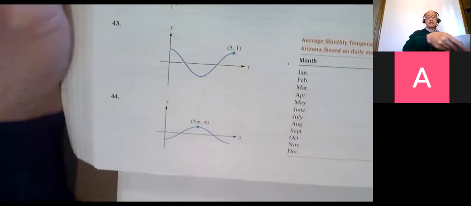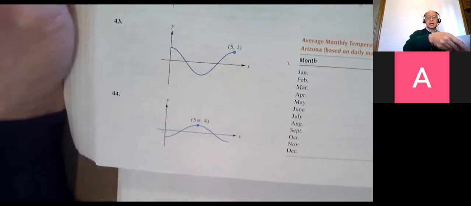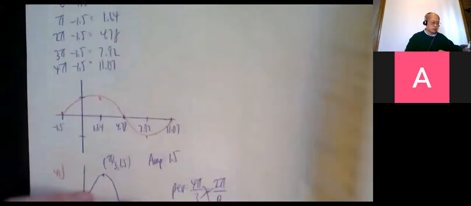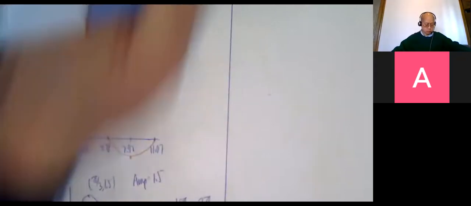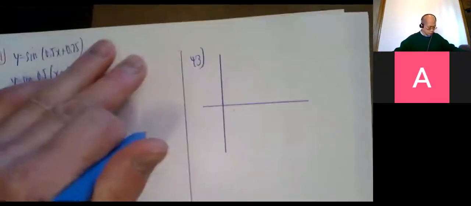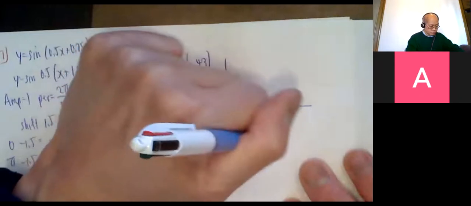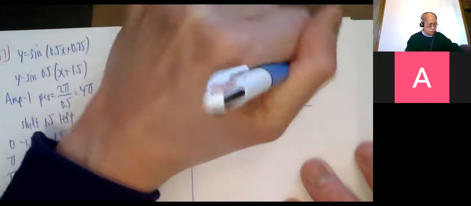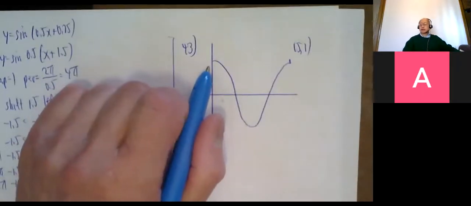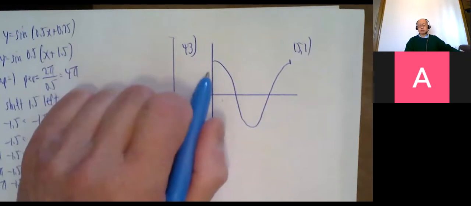43 looks like that. Looks like the midline is the x-axis, and it ends at 5, 1. Right, this one looks like it starts at the top, not at 0.